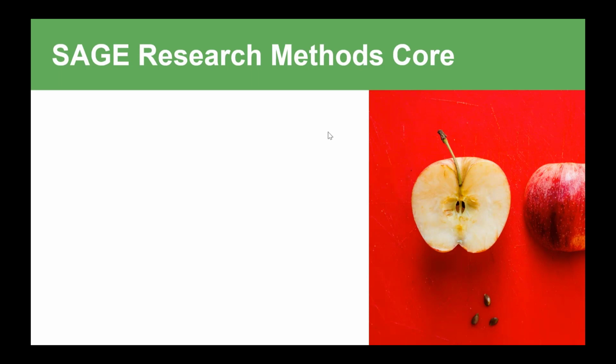So just to give a bit of an explanation, SAGE Research Methods, as a database, contains lots of different components or modules, and libraries all around the world decide which of those modules to acquire.